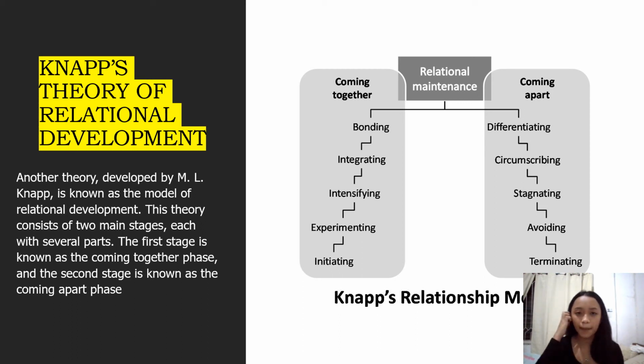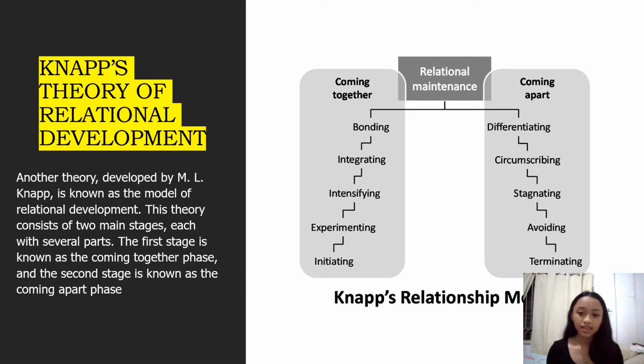This usually happens between couples or married couples, like saying "don't interfere in these things because this is my life," something like that. And next is stagnating. Of course, this is when people engage in limited communication and take steps to distance themselves from one another.